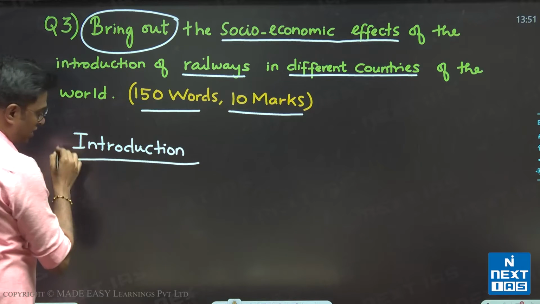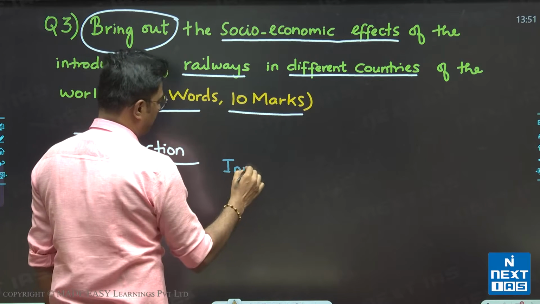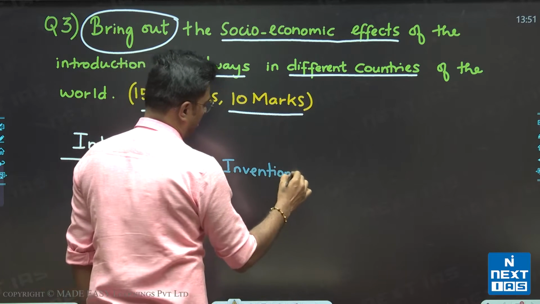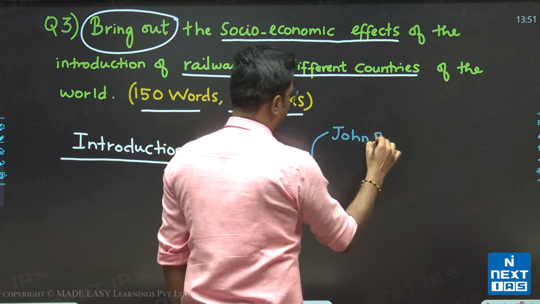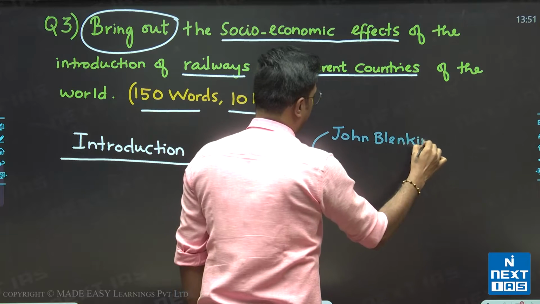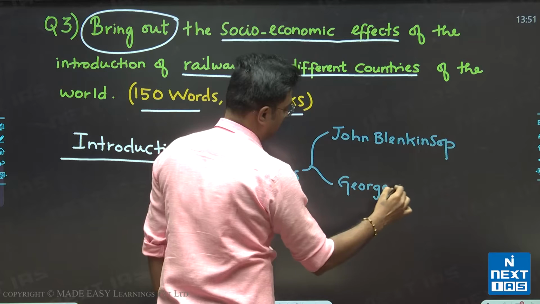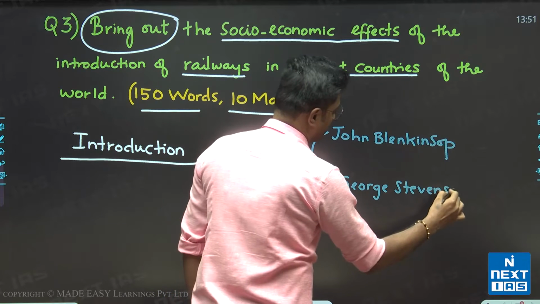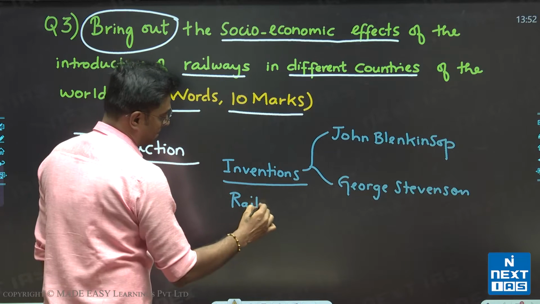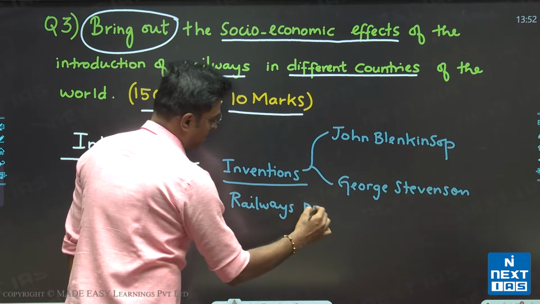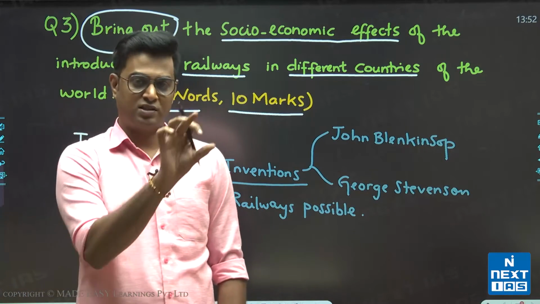You can say in the introduction that the inventions of John Blenkinsop and George Stephenson made railways possible for the first time in the world. So that's just a single sentence.